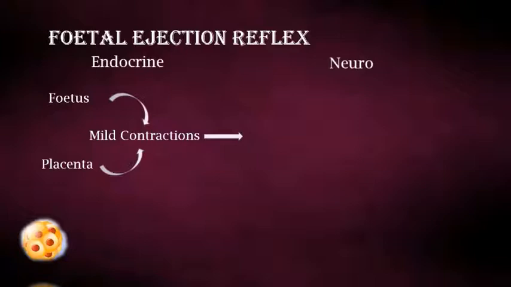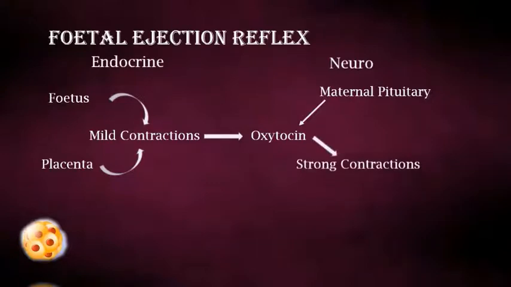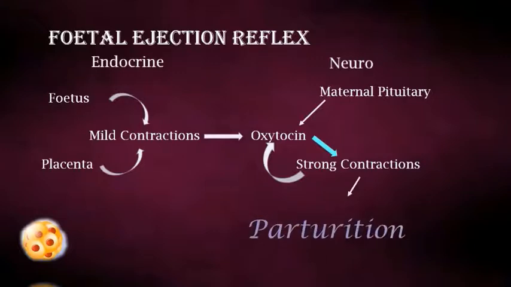These contractions cause release of oxytocin from the pituitary gland of the mother. This oxytocin causes further and stronger contractions in the muscles of the uterus. These contractions cause further release of oxytocin, and the oxytocin again causes stronger contractions in the uterine muscles. So contractions become stronger and stronger until the child is pushed out of the mother's body, and this is known as parturition or childbirth.